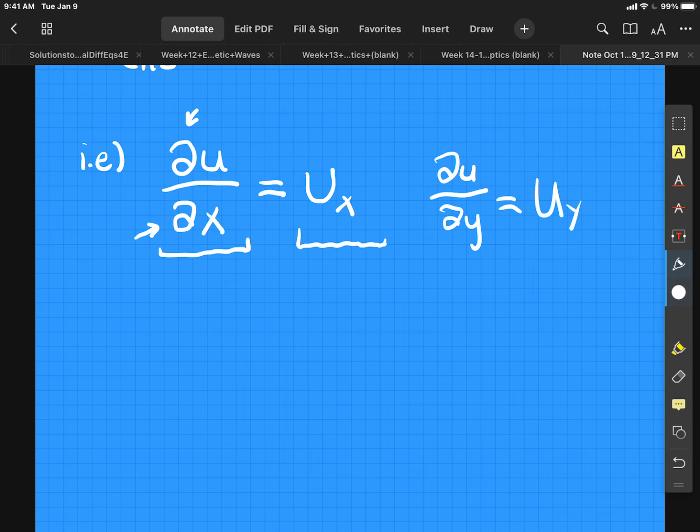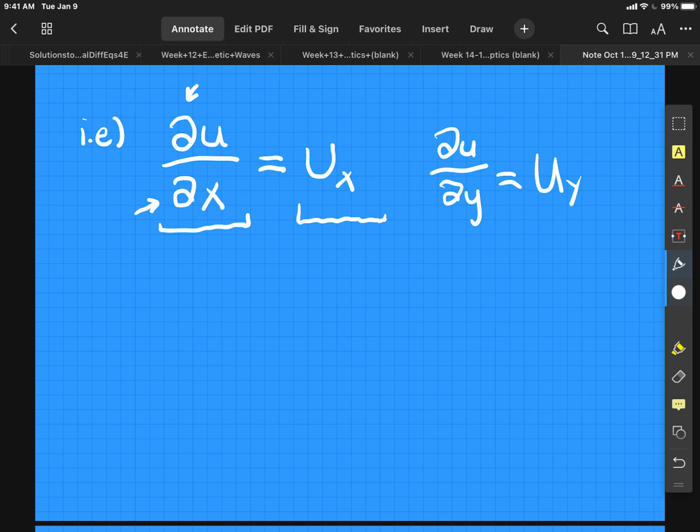So for example, say I had a second partial derivative of the function u with respect to partial x and partial y. Again, we know that this is just equal to, our function is u, and you see that the first derivative we have is with respect to x, and the second derivative is with respect to y.